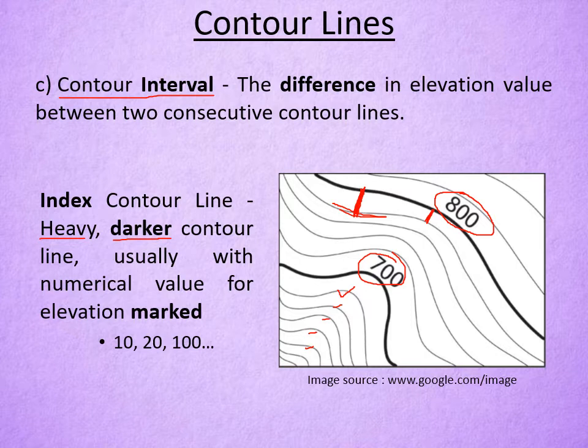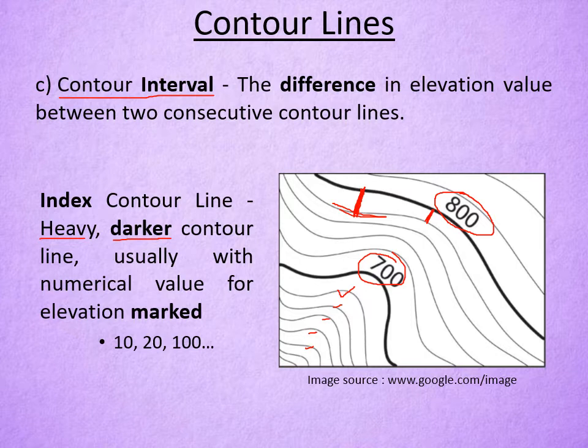So to avoid that clumsiness, we choose some whole number value contour lines and demarcate them with some bold, heavy, darker lines and put the values of that contour line. Generally, for every fifth contour line, we use an index contour line.